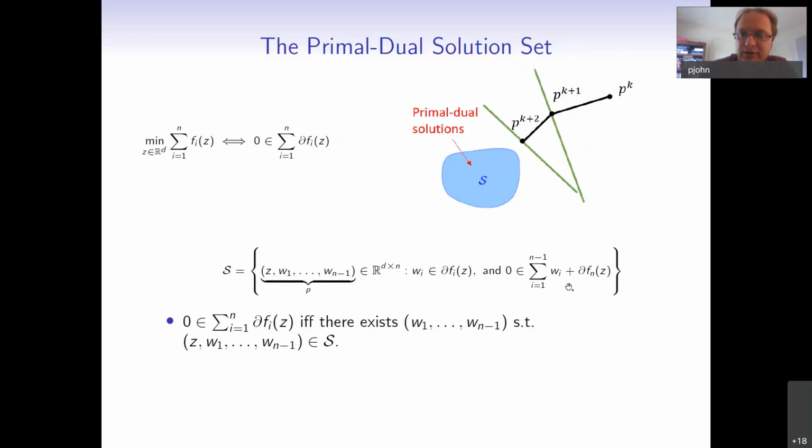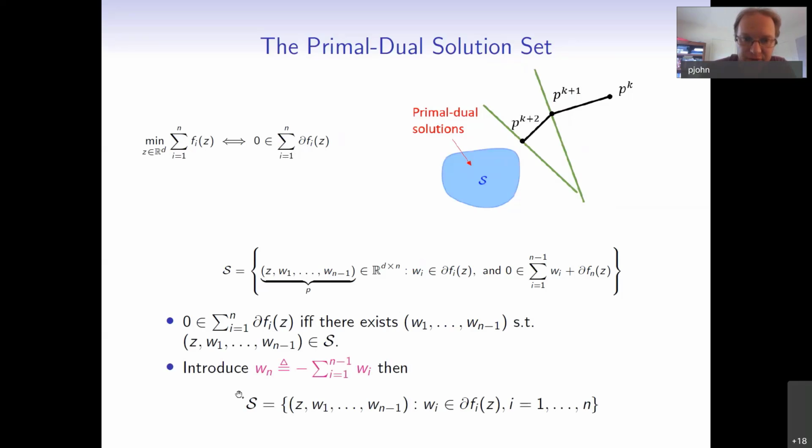This looks unnecessarily complicated because it's essentially just rewriting this condition here. We're just naming the first n-1 subgradients. If you found a point z that satisfies this, then it will also be in this set. We're just naming the subgradients.